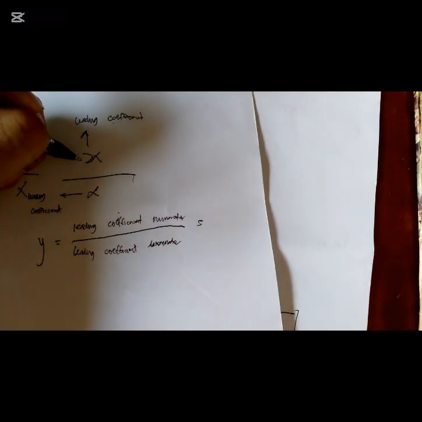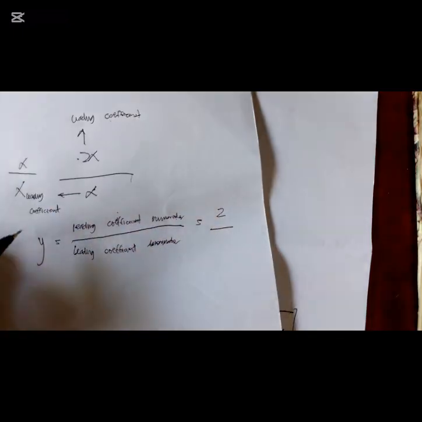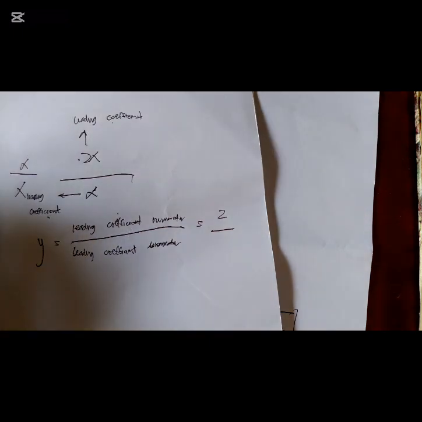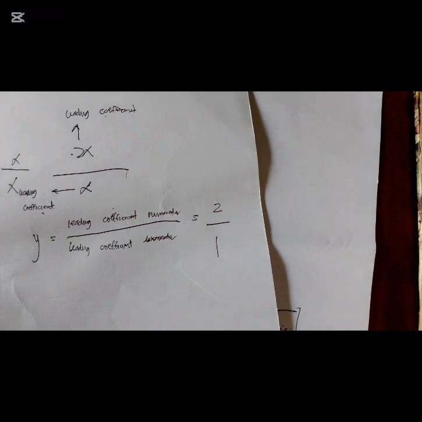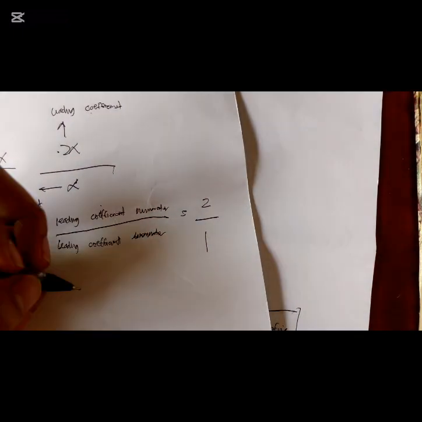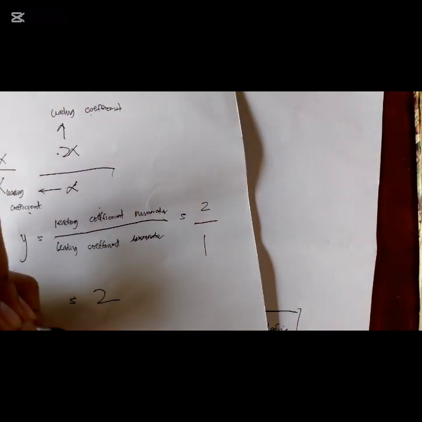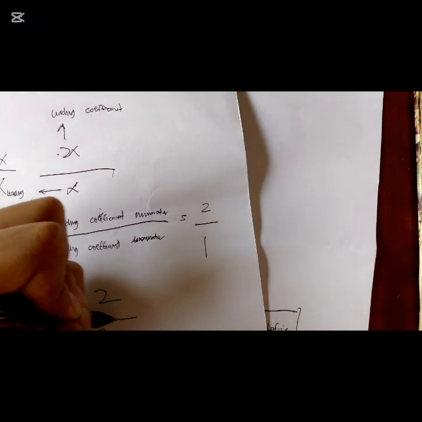The leading coefficient of the numerator is 2 over the leading coefficient of the denominator, which is x, and x is equivalent to 1 x. So therefore 2 over 1 equals 2. Therefore the horizontal asymptote is y equals 2.